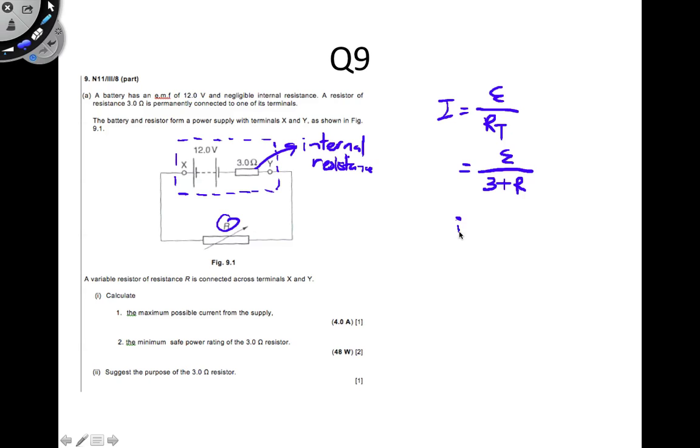If R equals 0, my I will be 12.0 divided by 3 plus 0, so I have 4.0 amperes.